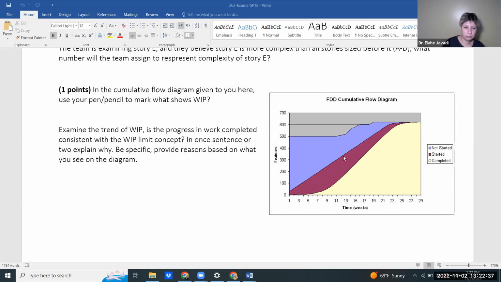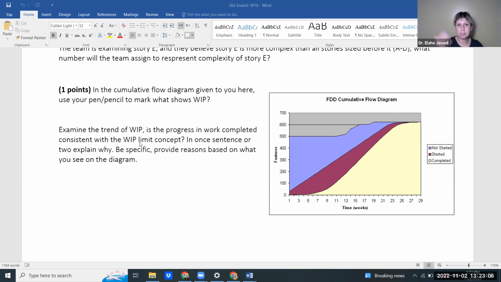Which one shows work in progress? So this one, the one in the middle, started. Examine the trend of WIP. So the trend is that it's getting wild at the beginning and very narrow and stable toward the end. Is it consistent with the WIP limit at the beginning? No, they make it very big, and toward the end, yes.